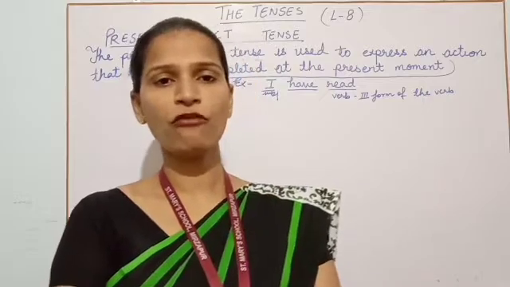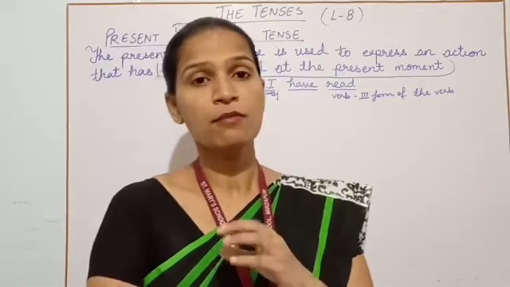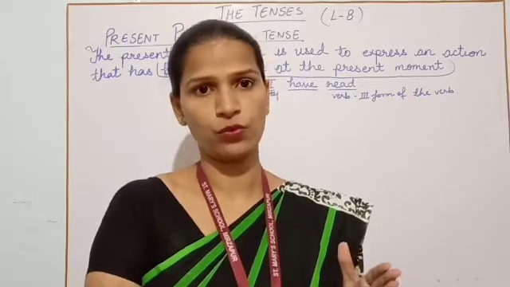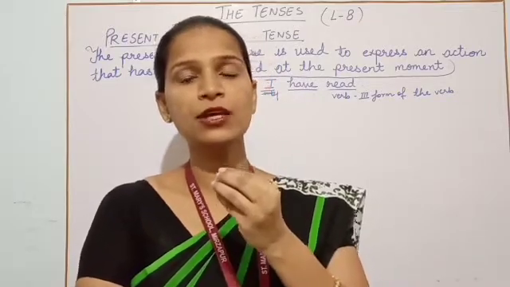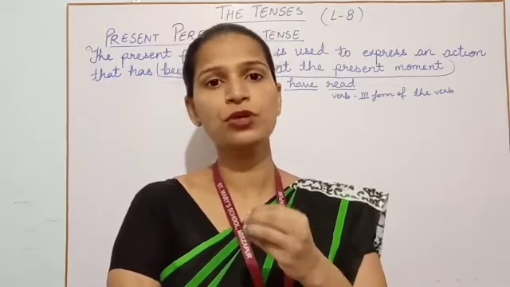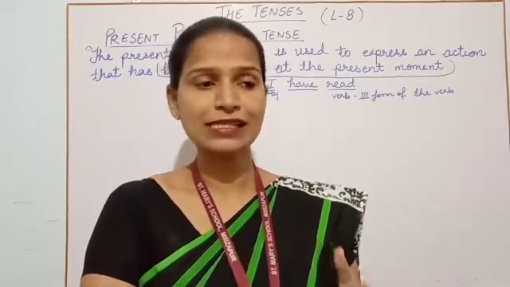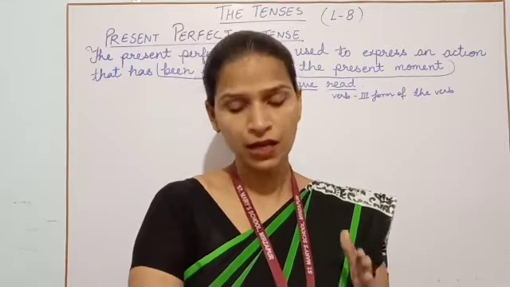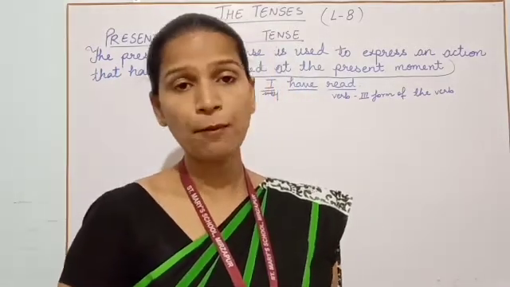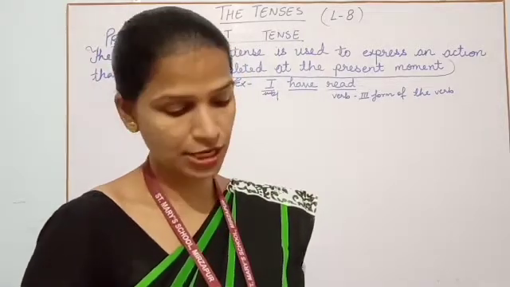What is the meaning of immediate past? It means it is completed just now. When I am telling you, just before informing you that thing, that work has been completed. Then we have an example to justify this statement.